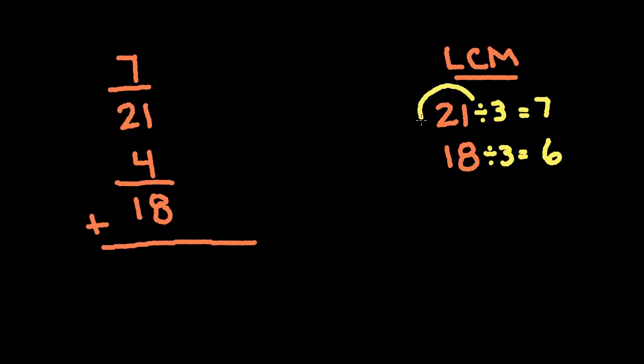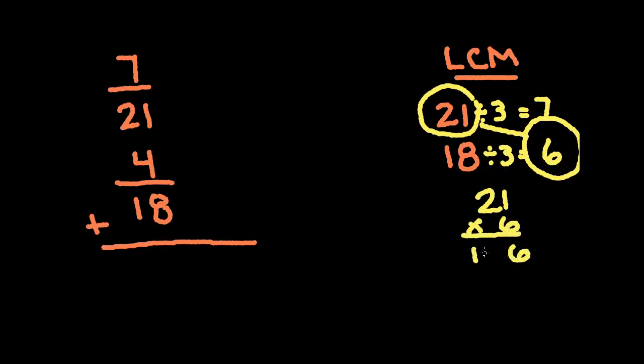So I'm going to multiply 21 times 6 to get my lowest common denominator, or 18 times 7. 21 times 6, I get 126. So my lowest common denominator is going to be 126.